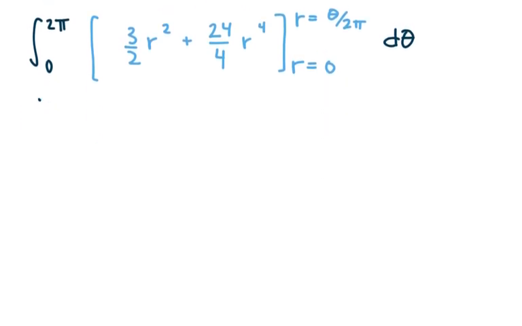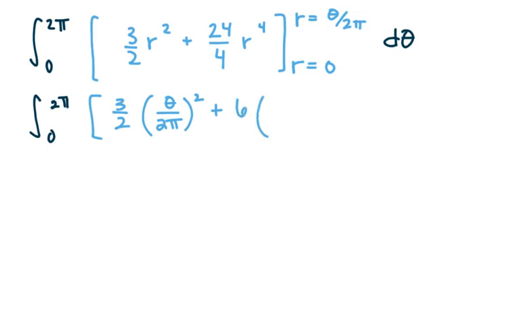So plugging that in, I have 3/2 theta over 2 pi, quantity squared, plus 24 over 4 is 6, theta over 2 pi, quantity to the 4th, and then plugging in 0, we'll just get 0, so we don't need to write that as a subtraction.